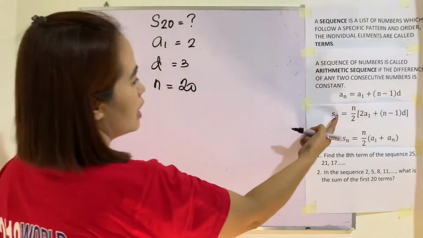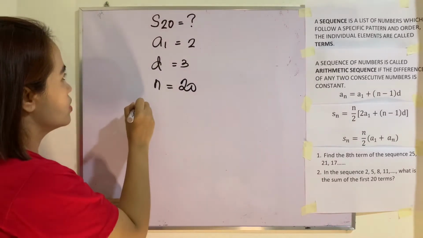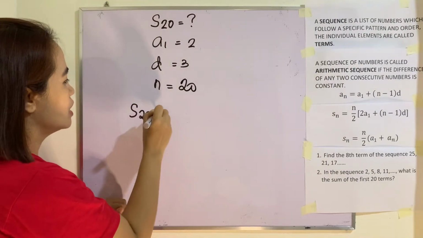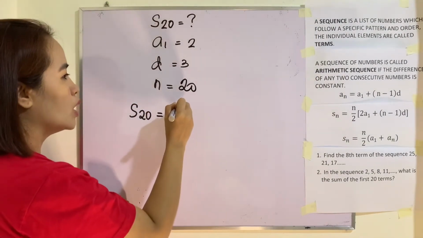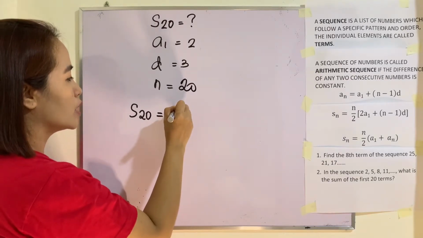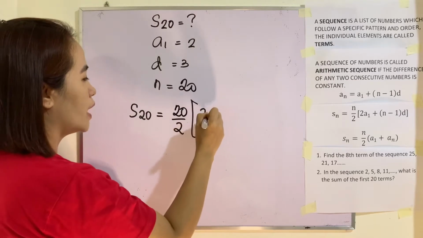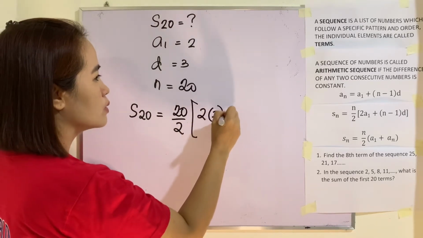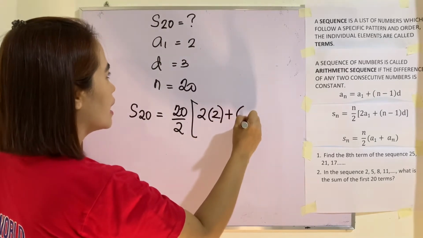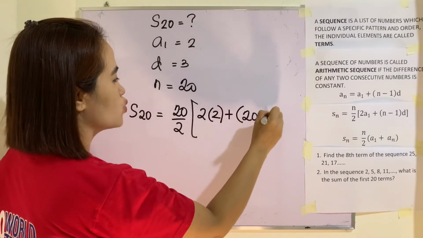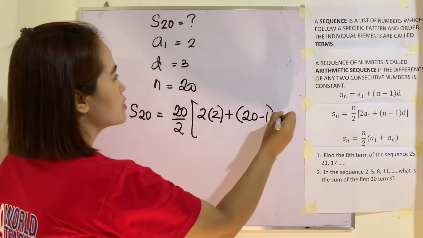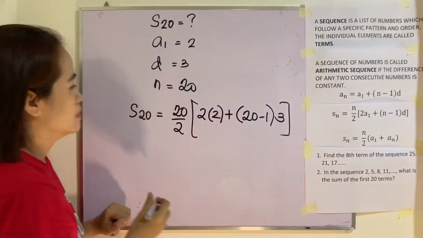The sum has this formula. So, S sub 20 is equal to n over 2. That is 20 over 2, times 2 times A sub 1, which is 2, plus n, which is 20, minus 1, and our d is 3. Okay.